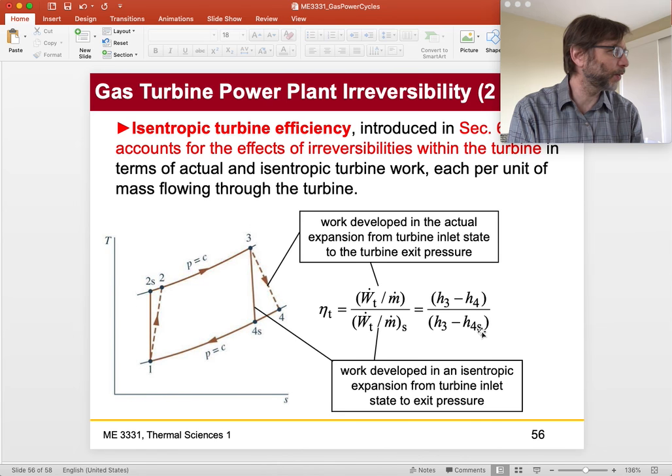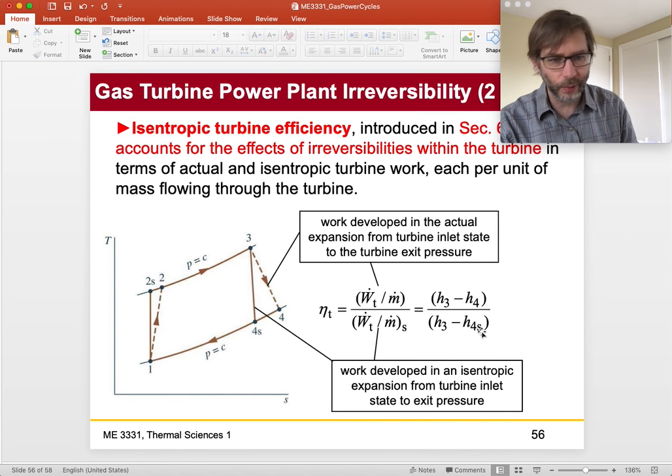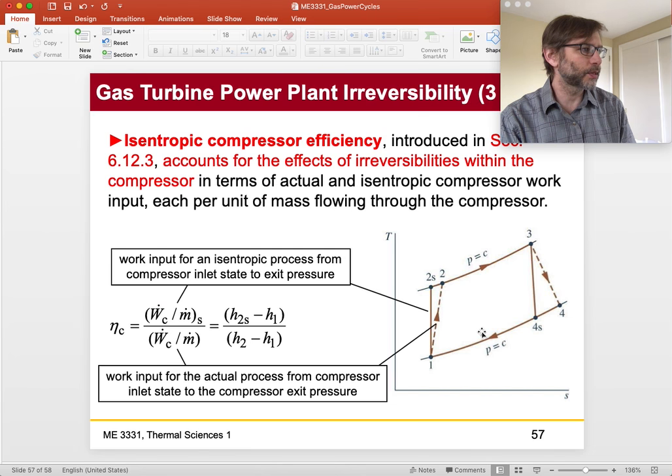And I believe, are we doing this? We're looking at our example problem. It doesn't look like we actually do. It looks like we're just doing a nice ideal cycle analysis. But you can use the same methods that we were using in the Rankine cycle to do this analysis.